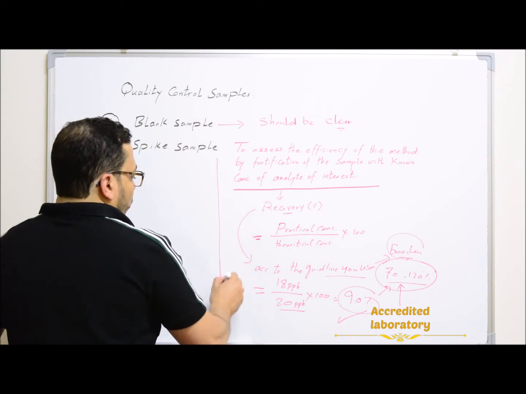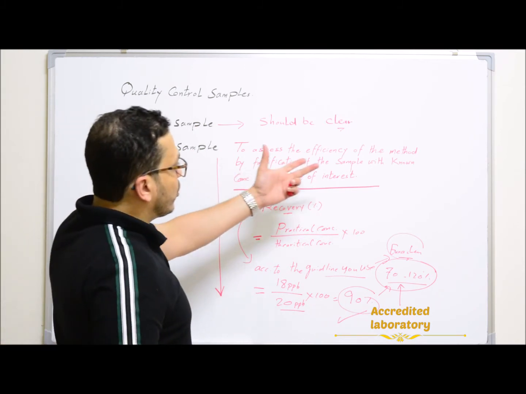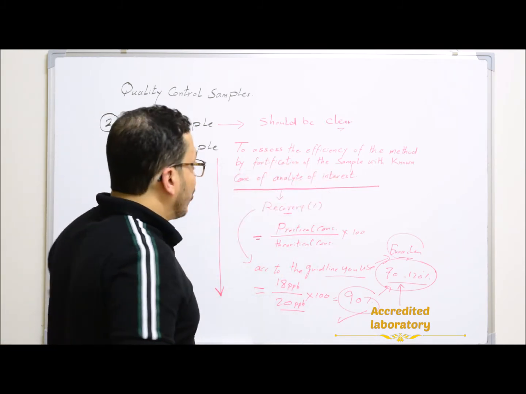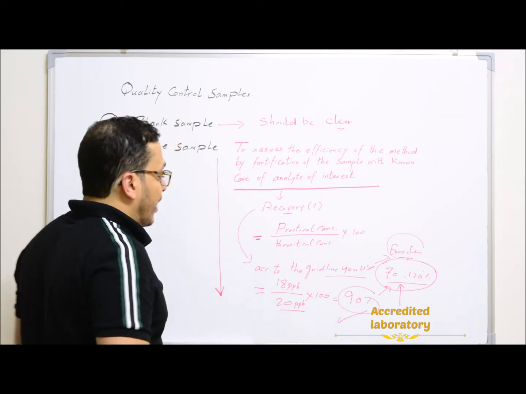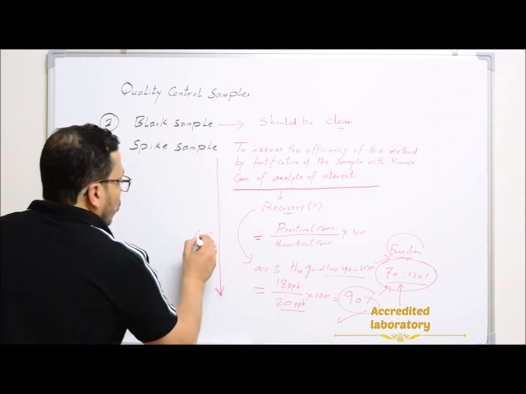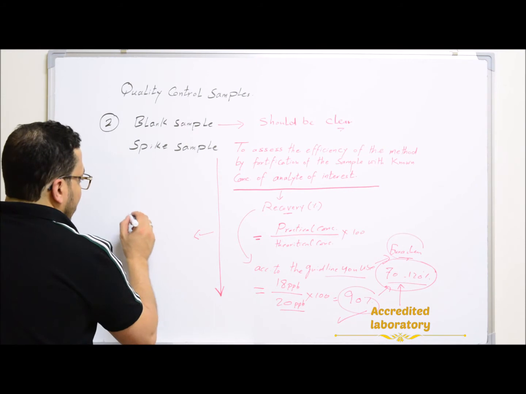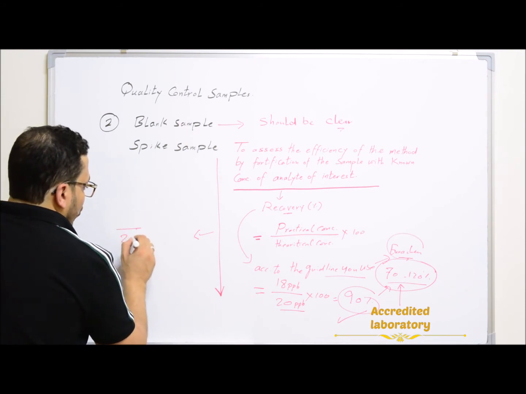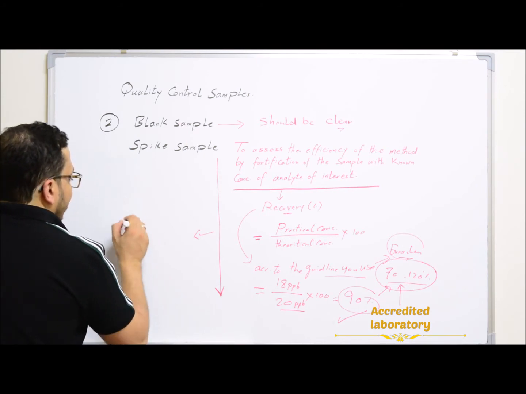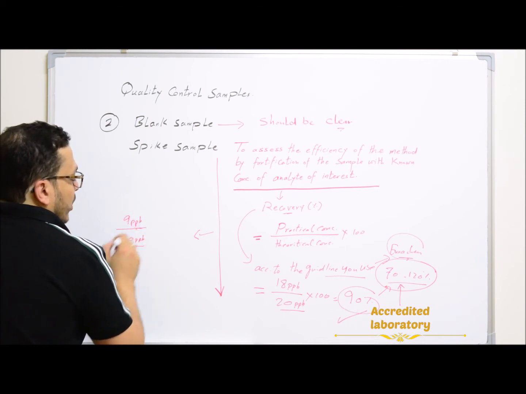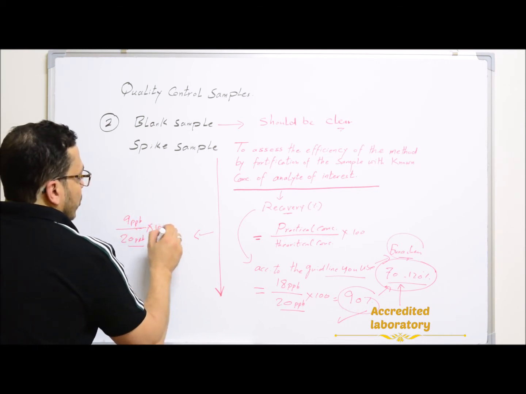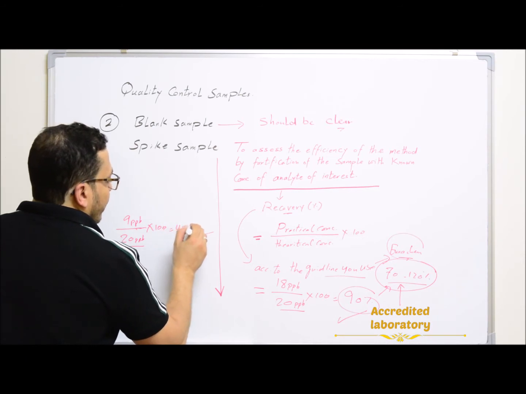So there is no problem with your method, and your method is efficient enough and can get accurate and reliable results. But if you spike your sample with 20 ppb and you get, for example, 9 ppb on the instrument, in this case your recovery will be 45%.